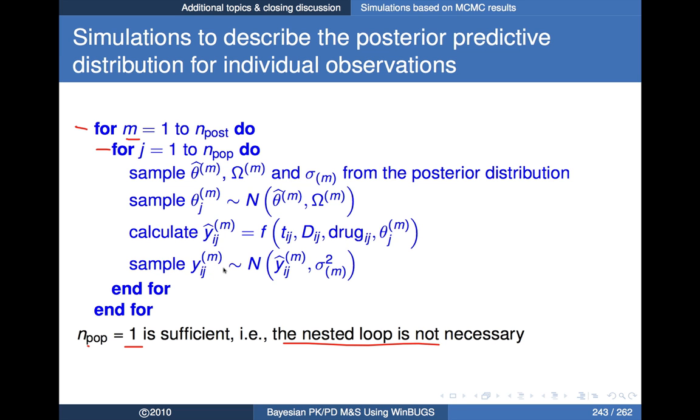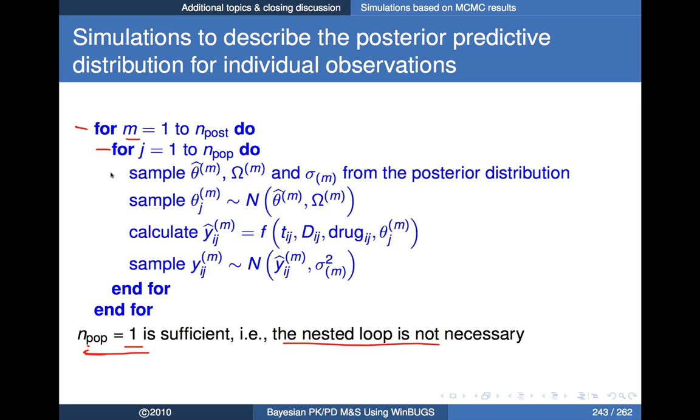That will change when we start talking about trying to simulate summaries over individuals, things like sample means, and that statement will change. But as long as we're simulating only individuals, it's sufficient just to make n pop 1 here. So you could actually skip that extra level of simulation.